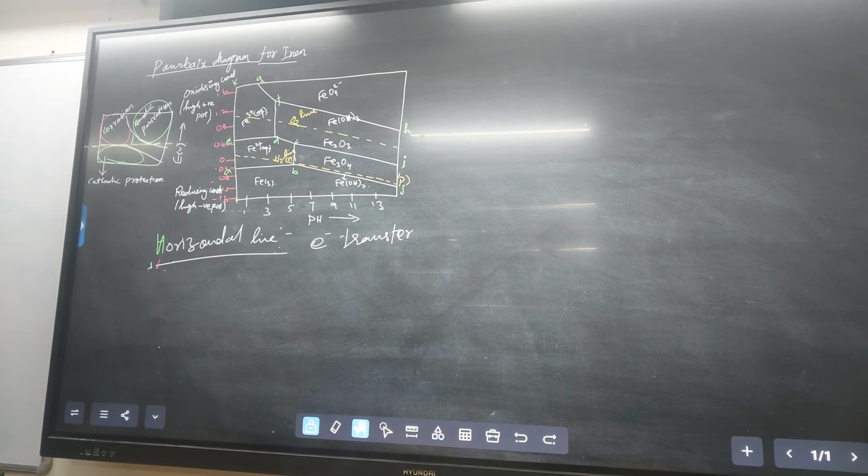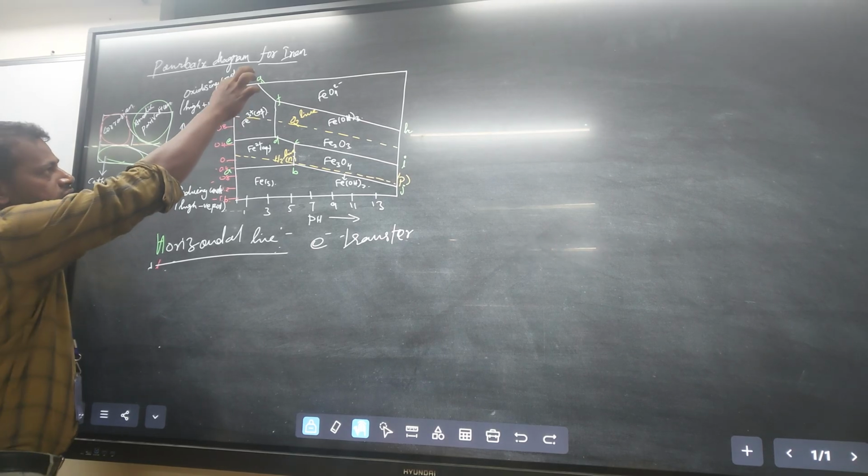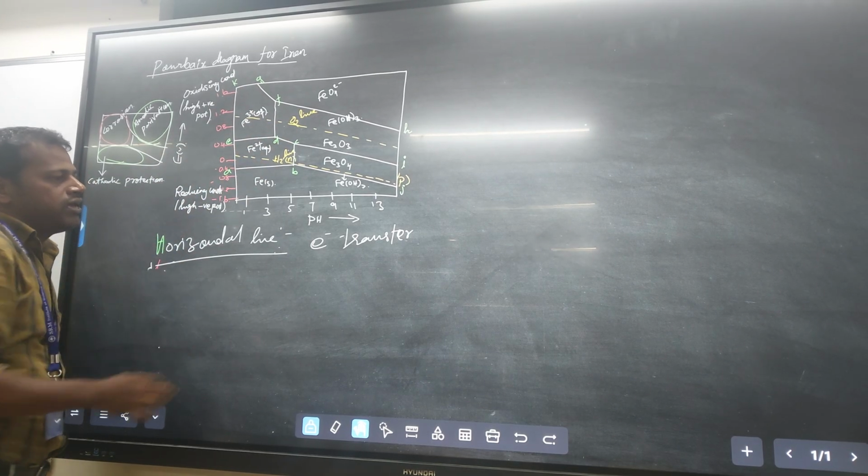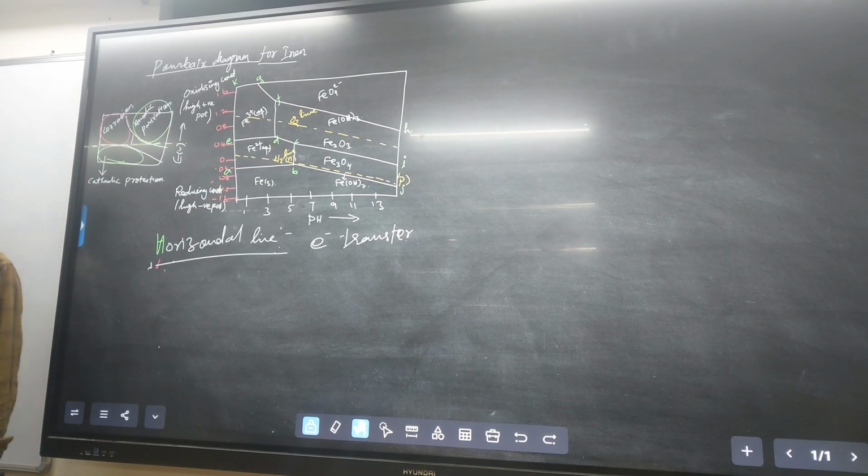And what is a slope? This slope, this one, G and F, D and C, explains both electron transfer as well as proton transfer.